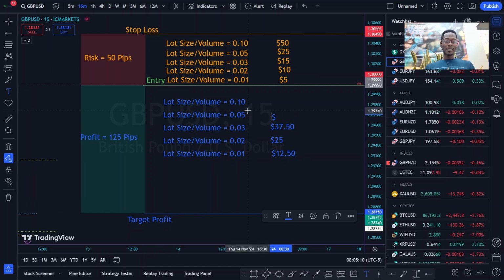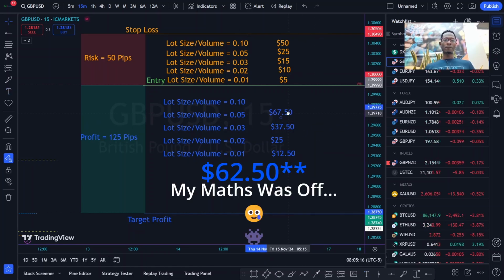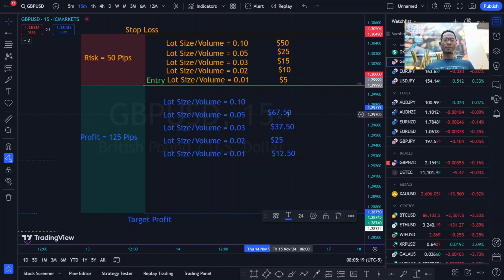If my math is correct, you should be gaining $62.50 for this investment. Now my question to you would be, how much do you believe that you will gain for a mini lot? You are going to gain $125.